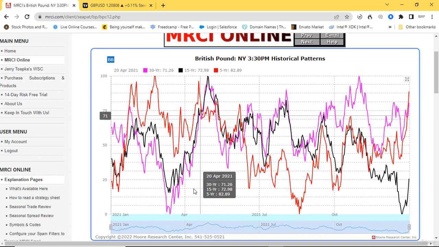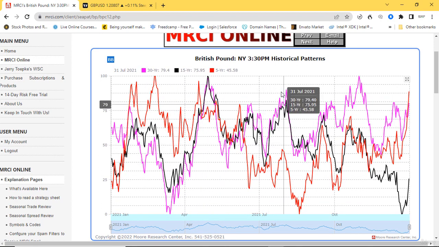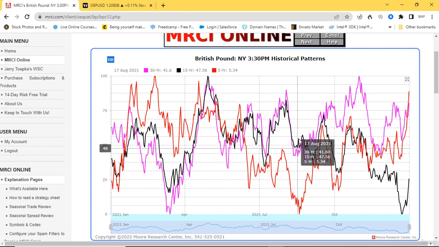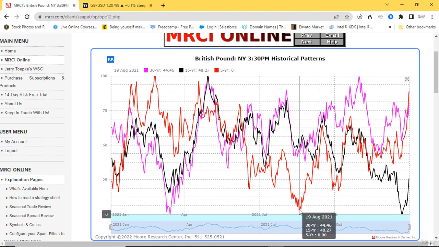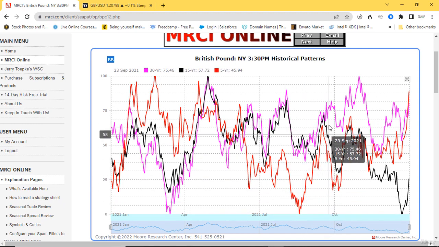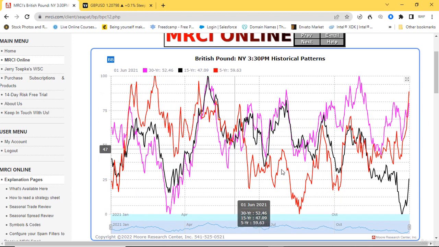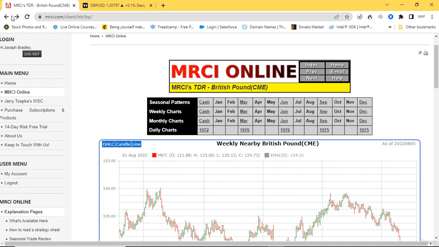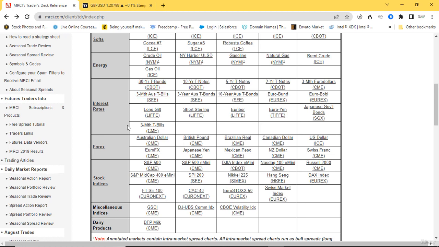Again, not as big of a move as we see over here, but still, from the last 30 years we can sell it between August and September, and then in September we can buy the British pound. So let's keep that in mind. And now let's go back to the US dollar and compare those two.